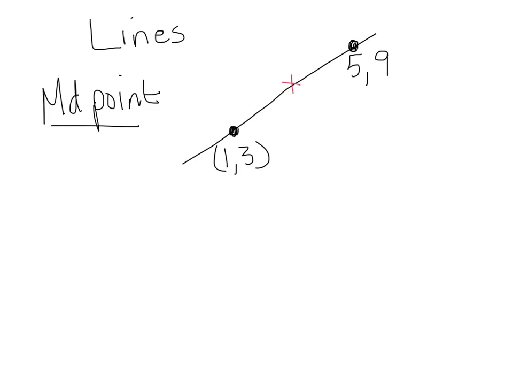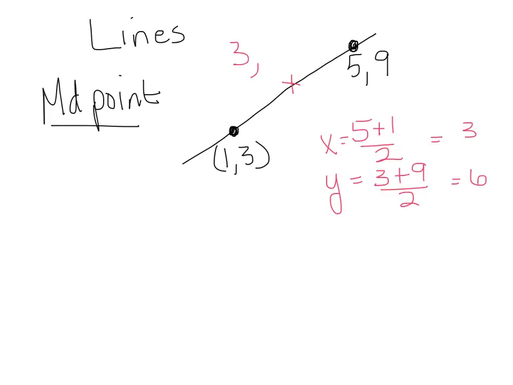It's halfway between 1 and 5, so it's like an average. I'm going to take 5 plus 1, divide by 2. That's my x value. And my y value, halfway between 3 and 9: 3 plus 9 and divide by 2. So I'm getting 6 and 12 over 2, so this point would be 3 and 6 for my x and my y.